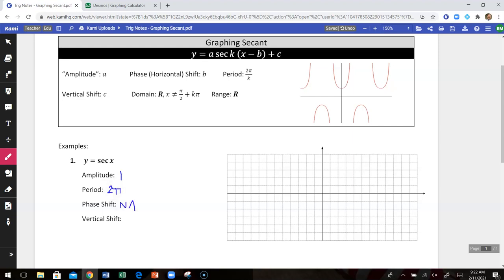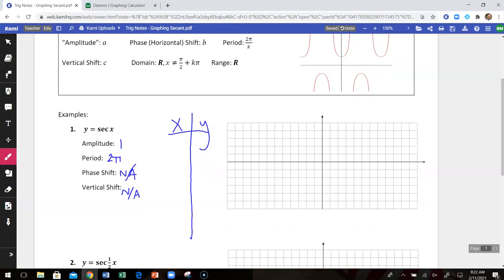There's no phase shift, and there's also no vertical shift. So just like with sine and cosine that we did before, if the period's 2 pi and there's no phase shift, we're going to start at 0 and we're going to end at 2 pi, which means our other x values that we're going to use are pi, pi over 2, and 3 pi over 2.